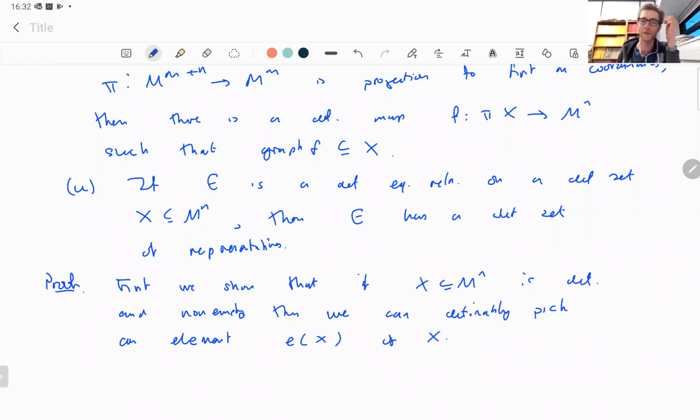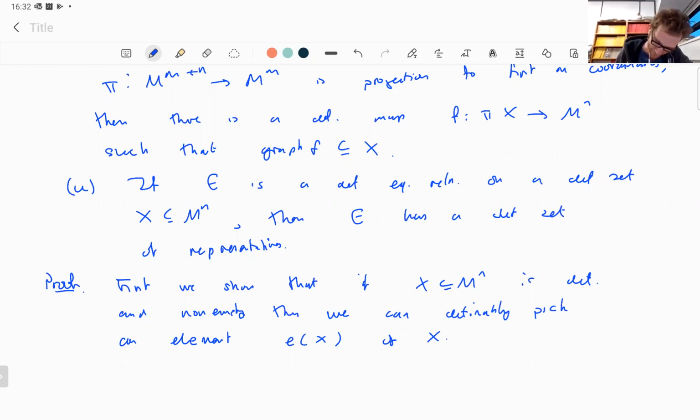Well, we do it by induction. So if n is 1 and X is non-empty, then what's X? It's a finite union of points and intervals. So either it has a least element, then we pick that. If it doesn't have a least element, it has a leftmost interval. And then if that leftmost interval is the whole thing, we can pick 0. If it's like minus infinity to some b, we can pick b minus 1, and so on.